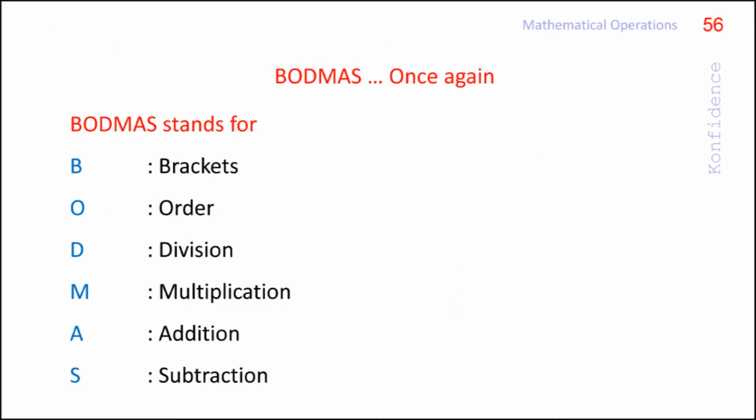Before we wind up, let us look at the BODMAS rule once again. As you know, BODMAS stands for brackets, order, division and multiplication, followed by addition and subtraction. The rule tells us the order of precedence that is to be followed in a mathematical expression.